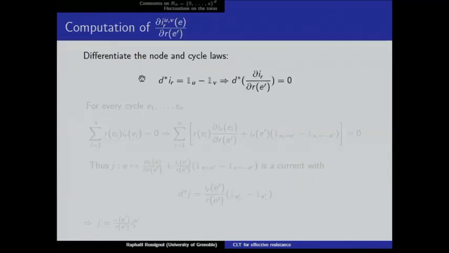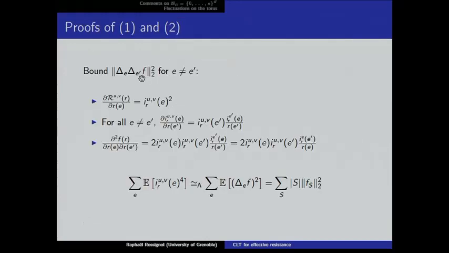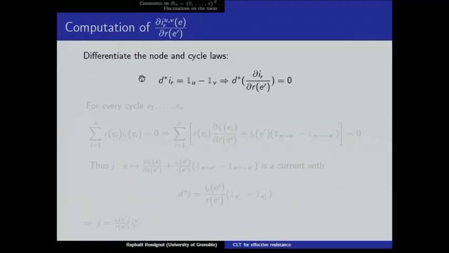And to understand this, just to explain how we obtain it, I will do it a bit quickly. You start from the node and cycle laws. Suppose that you are on a finite graph. Then I is characterized by the node and cycle laws. So you differentiate the node law.